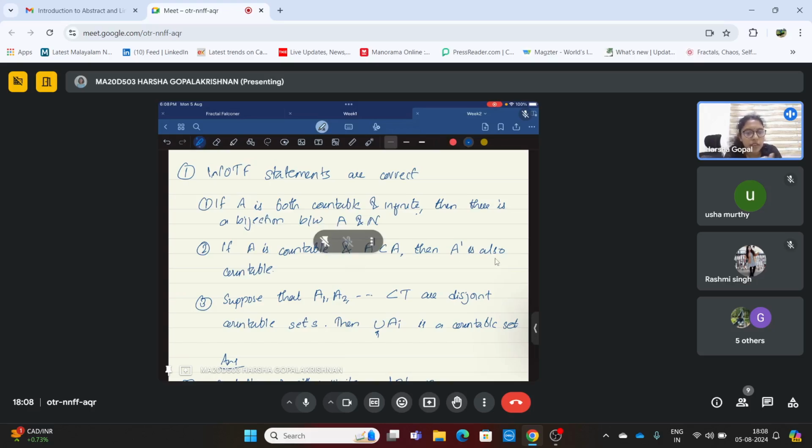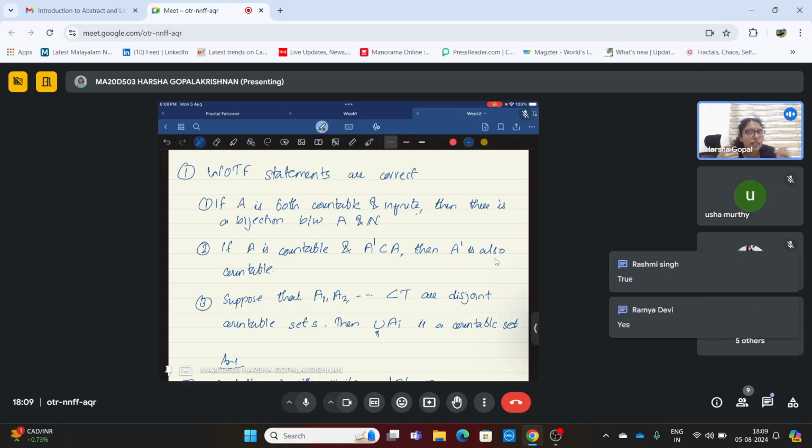A subset of a countable set, whether it is countable or not. You can just guess also. If we are taking a subset, true, yeah. Subset means, by induction, we can say it is something less than this A, right? So obviously if the bigger one is countable, then the smaller one will also be countable. So that is the induction behind it.